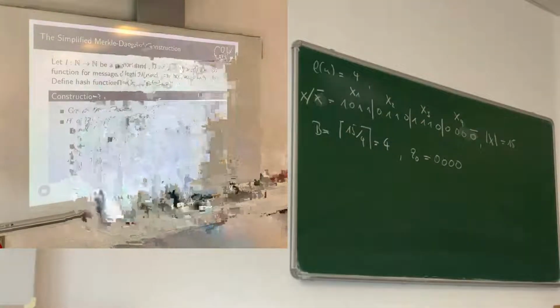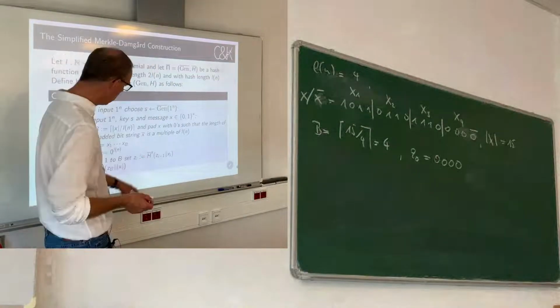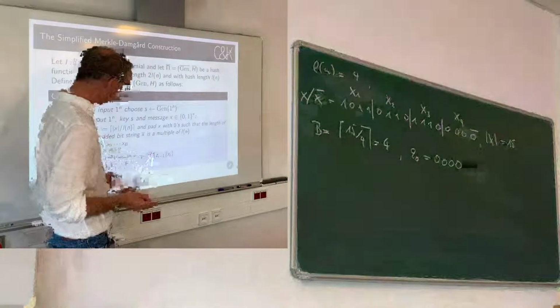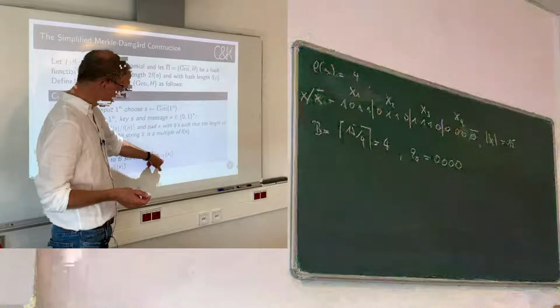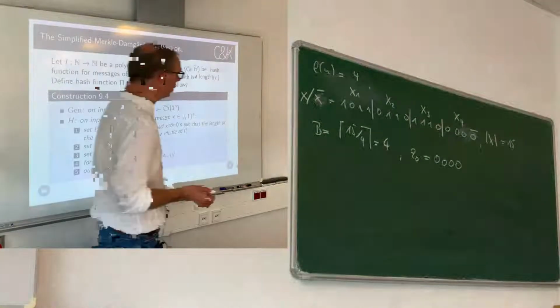Now I compute, for i from 1 to b, Zi to be the value of h bar with key s on Zi minus 1 concatenated with xi.